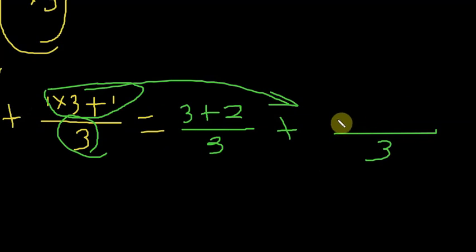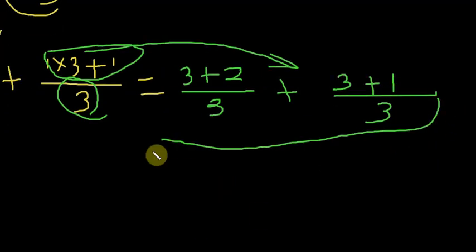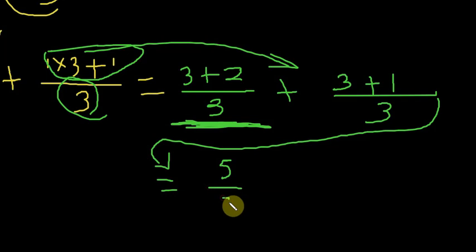So that will be 1 times 3 gives us 3. Write the answer plus 1. So we come down here. We're working with this one first. So 3 plus 2 on top, that is 5 over 3.